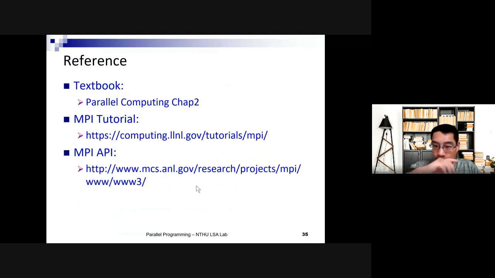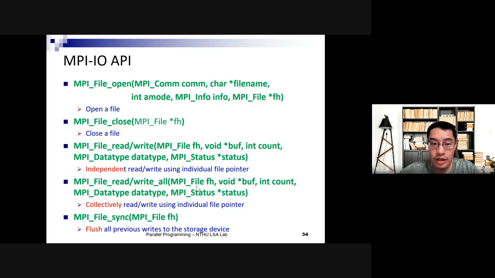So that's all for MPI I/O, and for homework one, you can also play with this MPI I/O operation. But you might not see too much of a difference, because unfortunately, the file system we provided in our computer system is just an NFS.